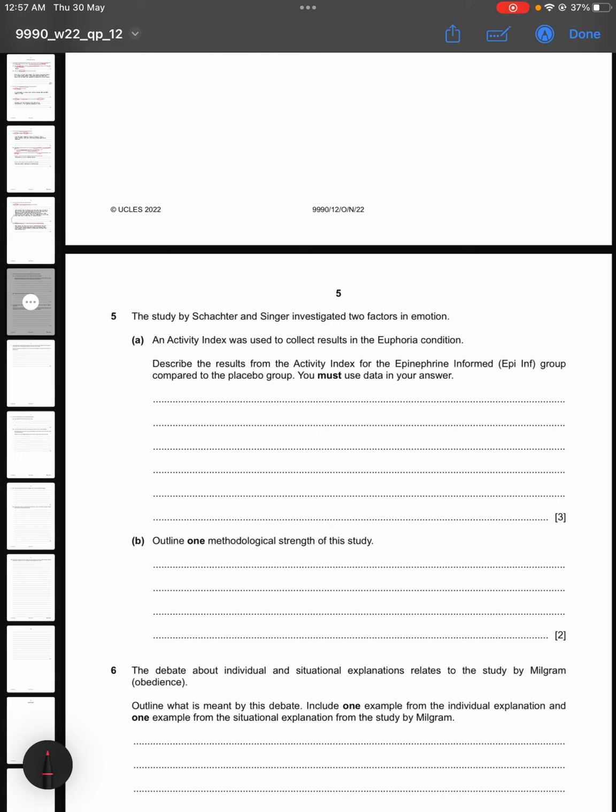And then question number 5 says the study by Schachter and Singer investigated 2 factors in emotion. An activity index was used to collect results in the euphoria condition. Describe the results from the activity index for the epinephrine informed group compared to the placebo group. You must use data in your answer.